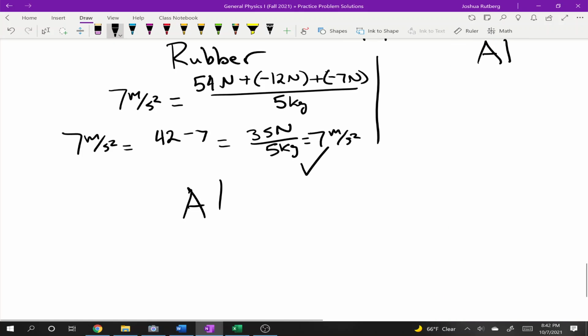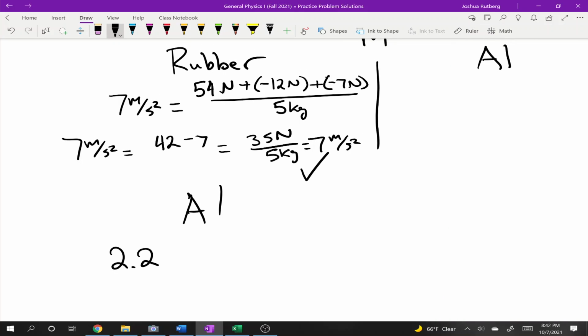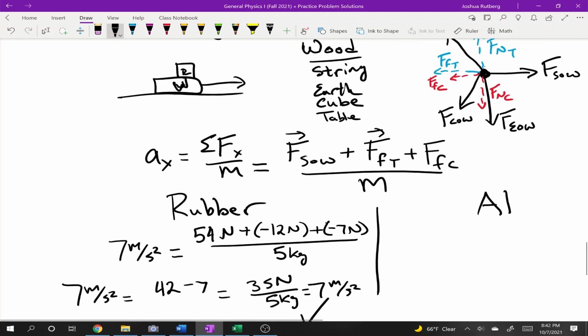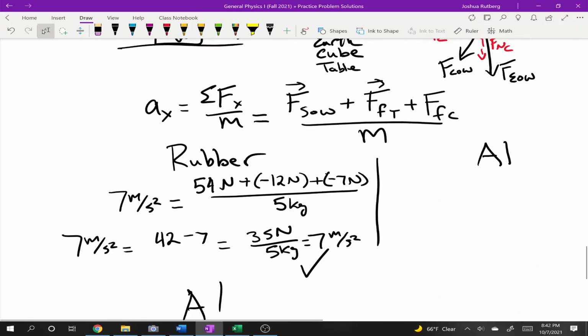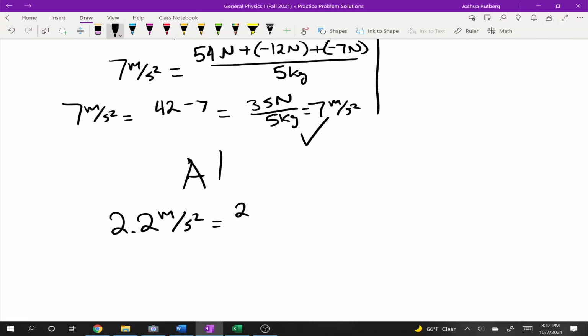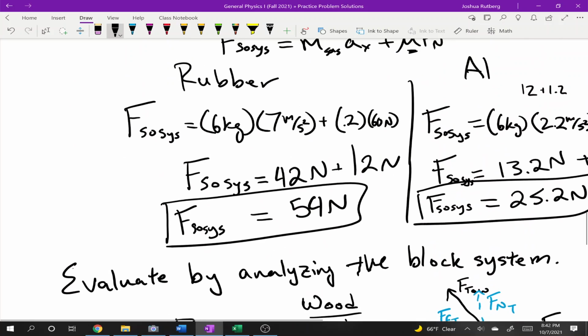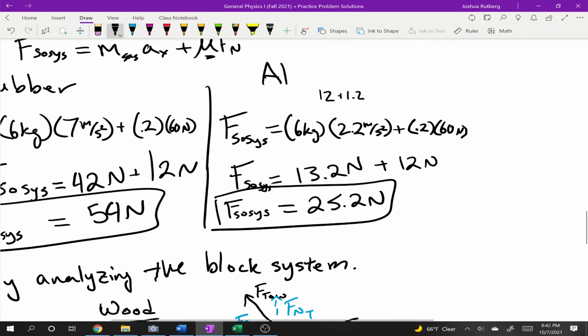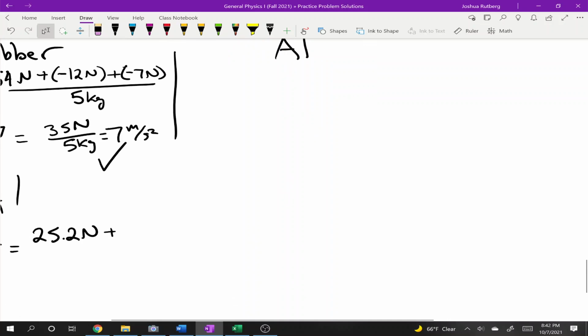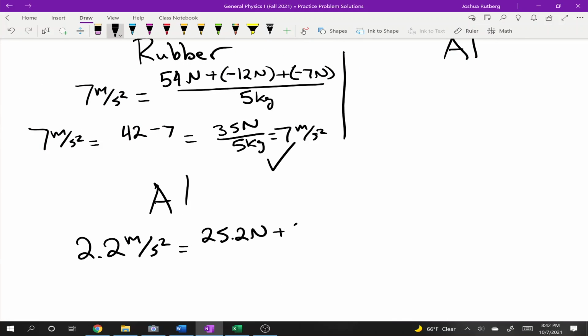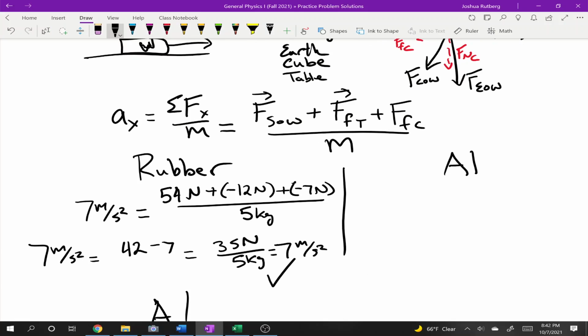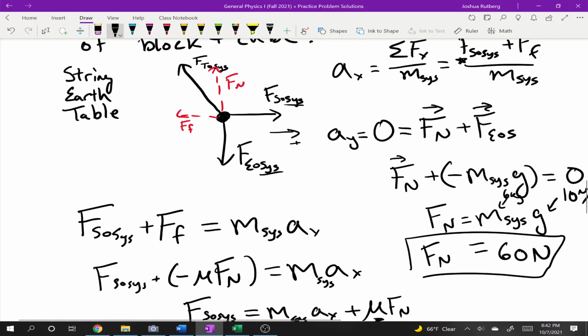Now let's do the same thing for the aluminum. It might be a little bit harder because it involves fractions. 2.2 meters per second squared is equal to this force, which was 25.2 newtons, plus this friction, which was still 12, negative 12 newtons, plus the friction between the cube and the wood.